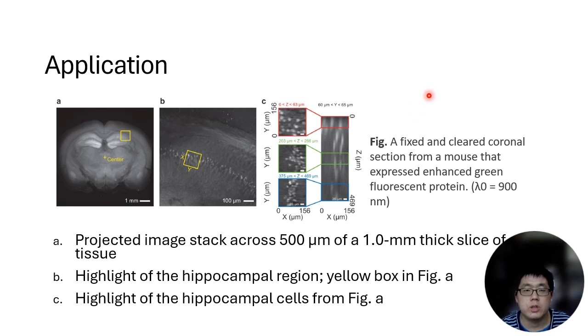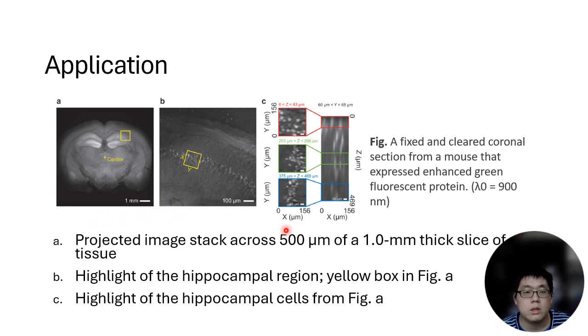An application is a two-photon image of a fixed and cleared coronal section from a mouse that expresses enhanced green fluorescent protein in a sparse subset of cortical and hippocampal neurons. It obtains cellular resolution on and off axis, such that individual neurons are well isolated, both laterally and axially.